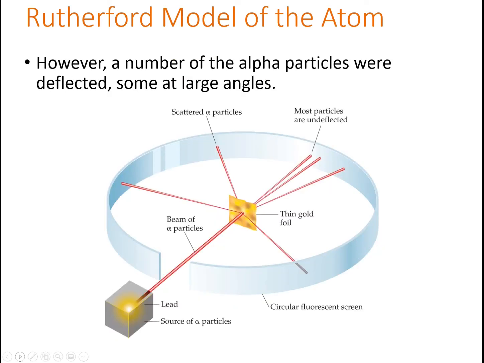What they actually saw was that some of the particles were deflected at a really large angle, or they were just slightly deflected, right? So a lot of them just went straight through, but they saw some scattering, like here or here.